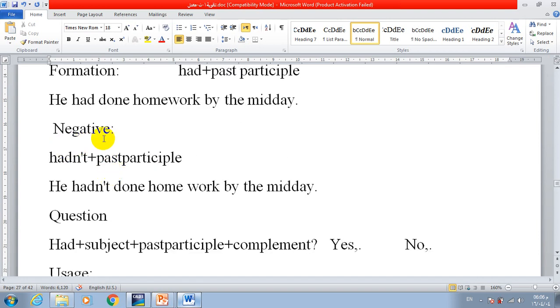Okay, in negative, when I want to negate the sentence in the past perfect simple, I use hadn't plus past participle. We put after had not, or the short form of not, to become hadn't, followed by the past participle.